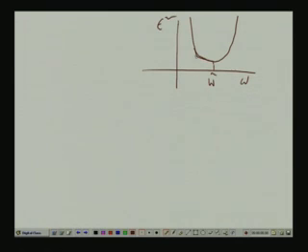If that be so, we propose an iterative procedure like this, that suppose at the ith step of iteration you are here, W I. From W I, we have to find out a W I plus 1. What I do, I look at the gradient here. The gradient here is positive, because I am to the right of W cap.